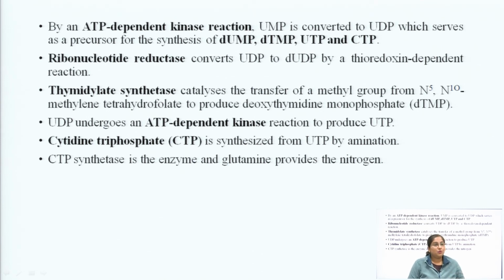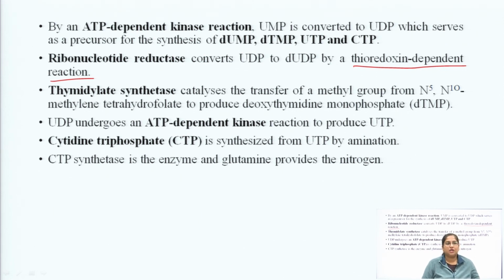Then ribonucleotide reductase converts our UDP into dUDP by a thioredoxin dependent reaction. Then the thymidylate synthetase enzyme catalyzes the transfer of a methyl group from, I told you that we have a different THF here, that is N5,N10-methylene THF, and it will produce our dTMP, that is deoxythymidine monophosphate.